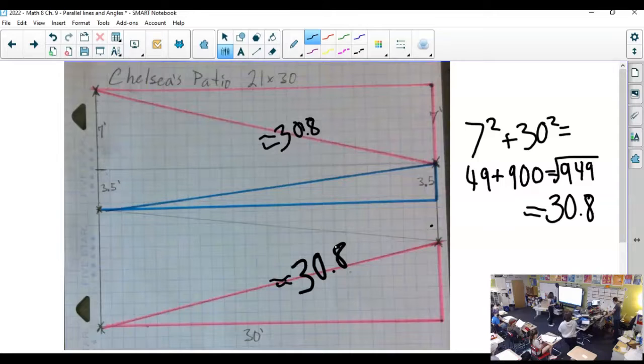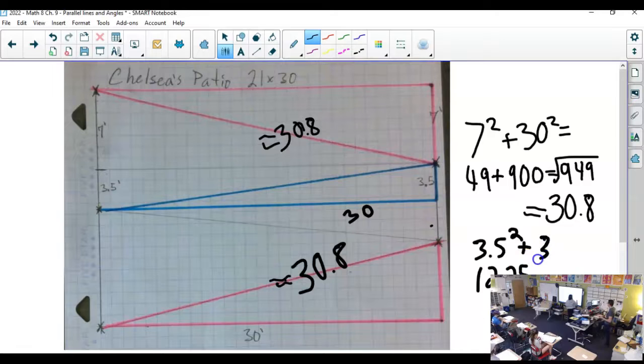I can do any calculating you need as well. We have to cut this one in half, as you see, 30 by 10.5. So that's 3.5, and this one is still 30. Then we can do 3.5 squared, which is 12.25. And 30 squared is 900.